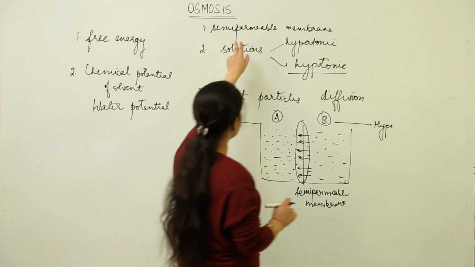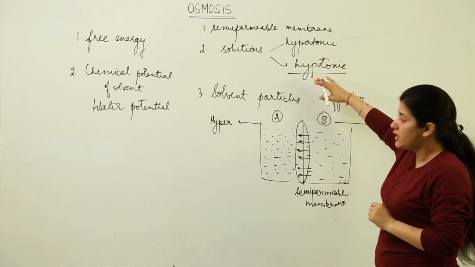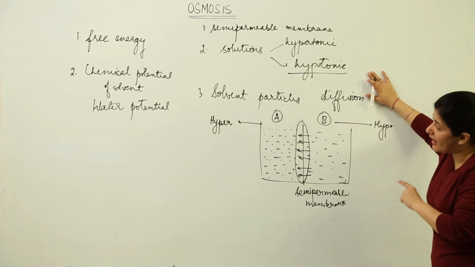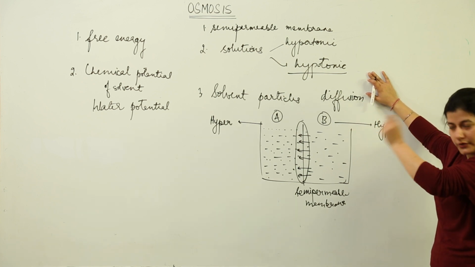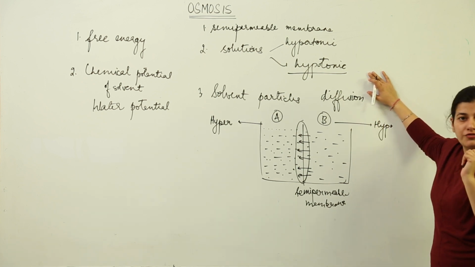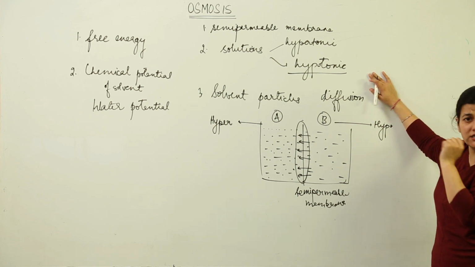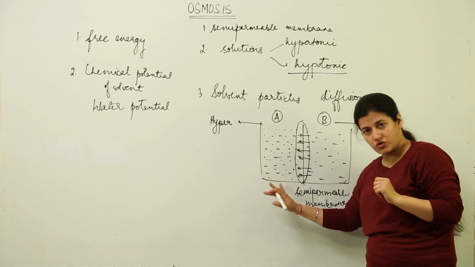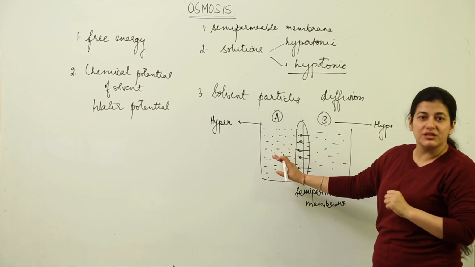There would be a semi-permeable membrane. There would be solutions, hypertonic and hypotonic. There would be solvent particles whose diffusion is going to take place. But we have to consider the same definition in terms of free energy. You have an idea of what free energy is. Free energy of the solute particles, if I am talking about over here, because you see in the given solution there is so much cluttering, the solute particles have lesser free energy.